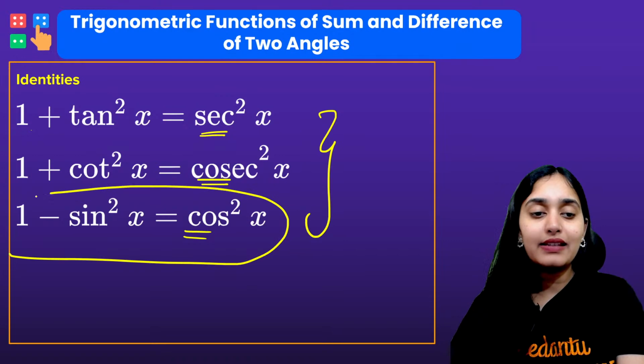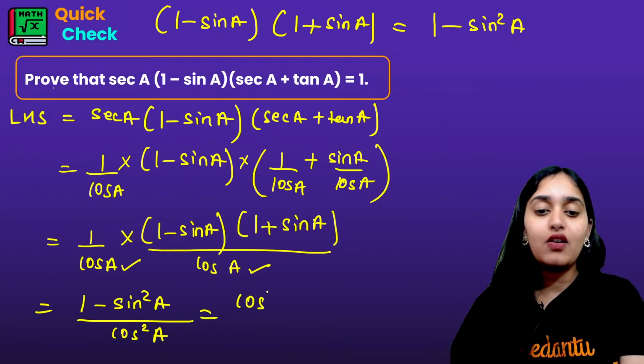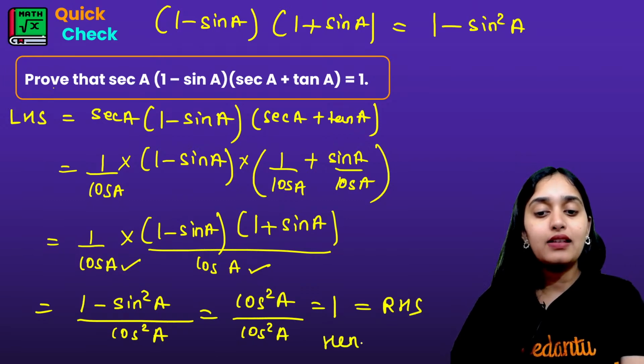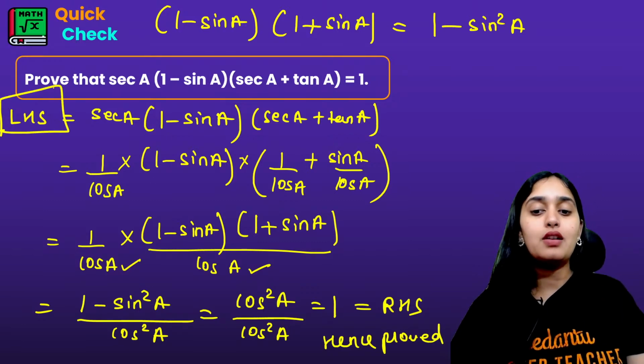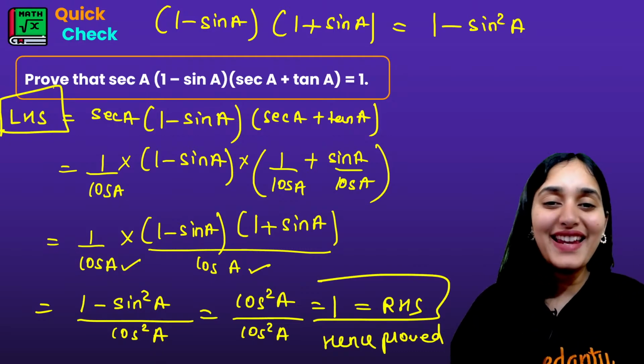See, 1 minus sin square x is cos square x. So this is cos square A upon cos square A, which is 1, which is the right hand side. Hence proved. This is what we had to prove, right? Left hand side is equal to right hand side. Hence proved. Alright, simple.